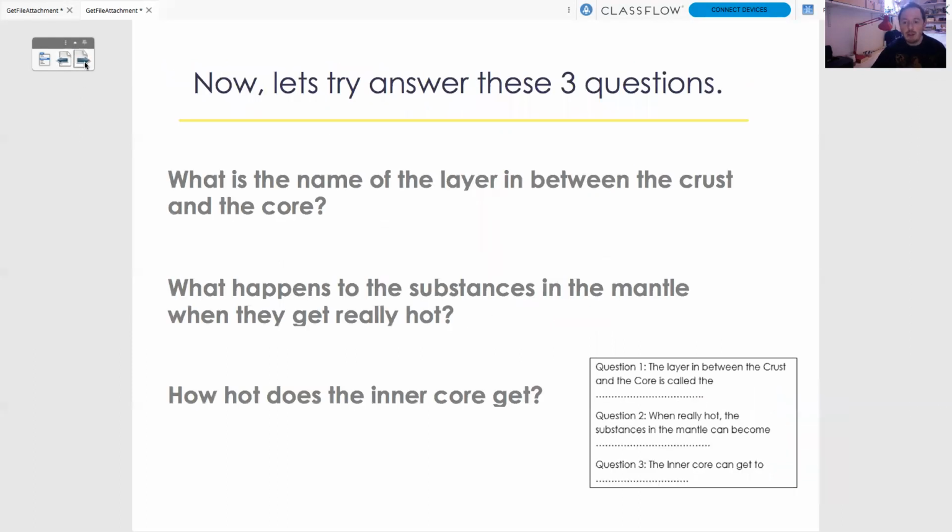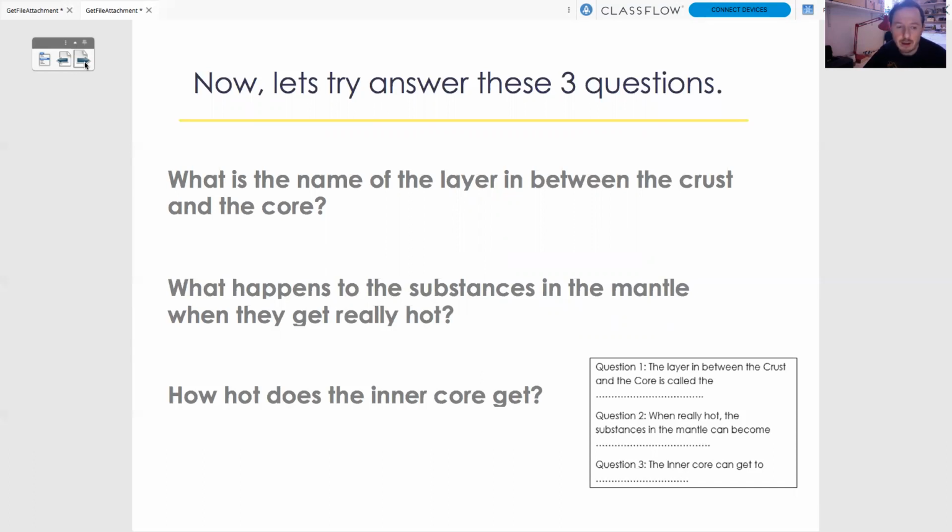The next bit I wanted to revise was these 3 questions. See if you can write them down. I'll read them to you now. What is the name of the layer in between the crust and the core? So you might need to check your diagram to work that one out. What happens to the substances in the mantle when they get really hot? I might have told you just a few seconds ago.